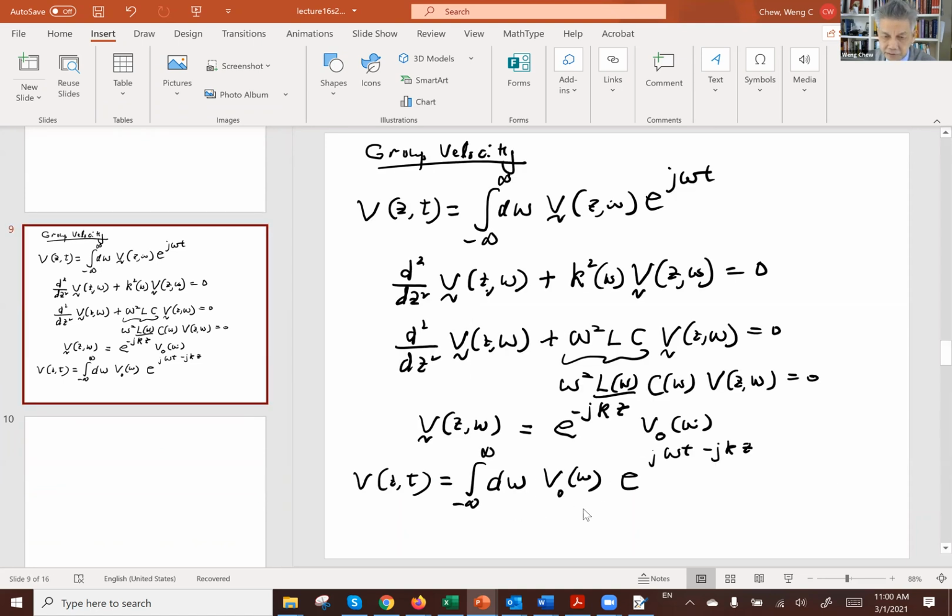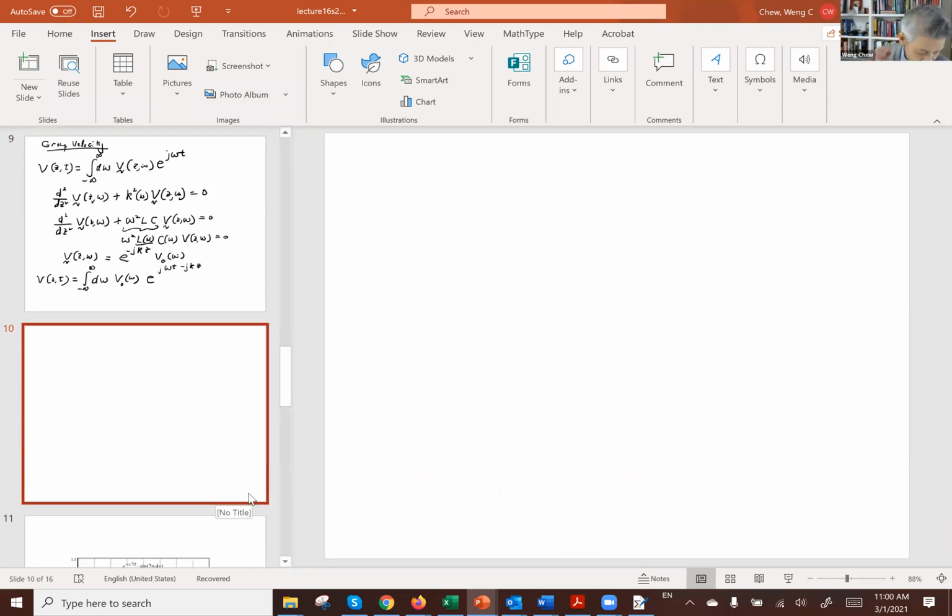Because V naught(omega) is narrow band, it only has Fourier components centered about omega naught, then we can actually approximate the integrand with something that is actually simpler, saying that, well, let me see if I have it here.